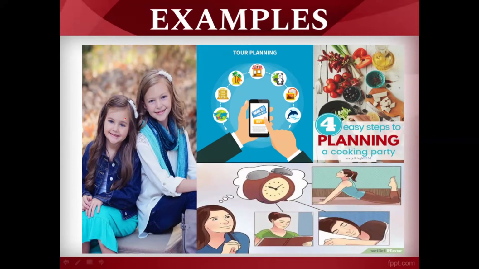If I can say, in all four images one thing is clearly common: you need to plan something. मतलब अगर मुझे ये पता करना है कि elder and younger sister में who is going to be more responsible, so you have to plan something, you have to do some activity. In the second image you need to plan a tour, मतलब आपको planning करना है, travel plan करना है.